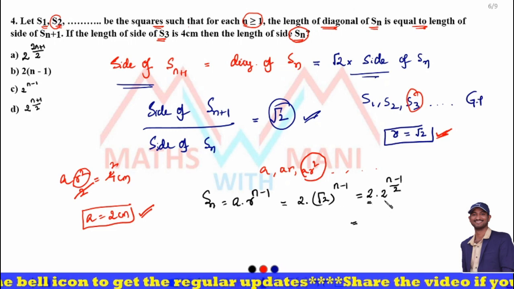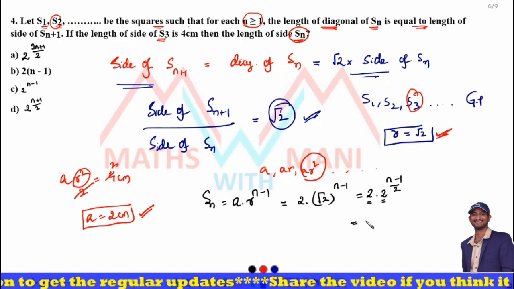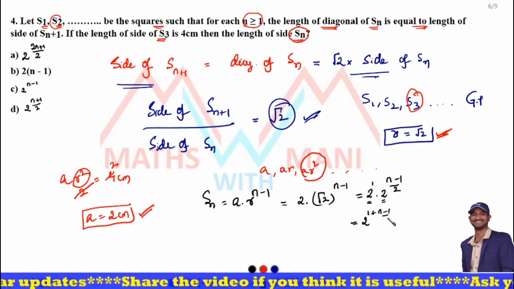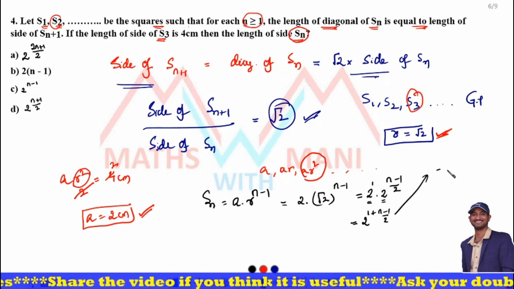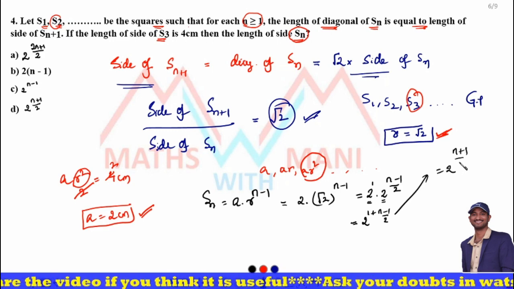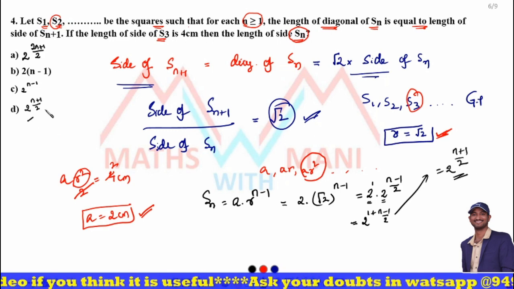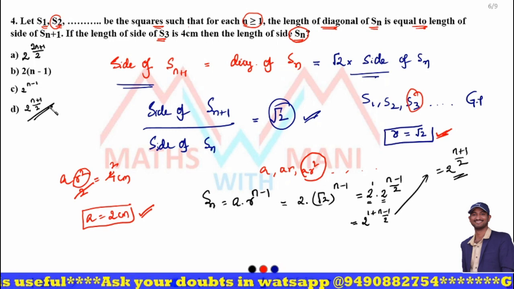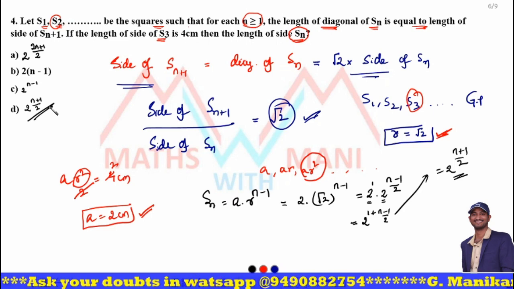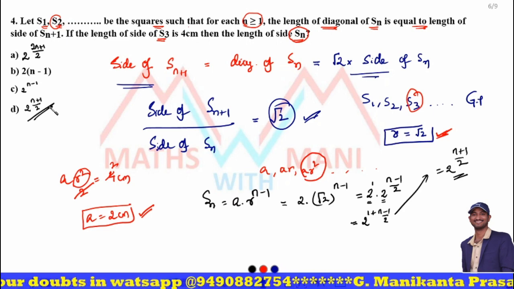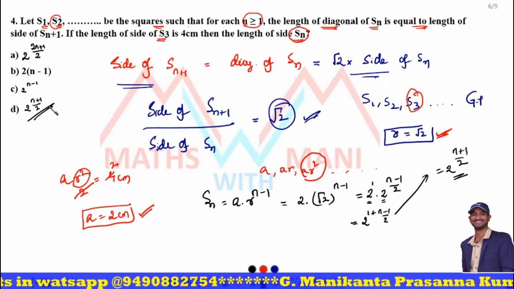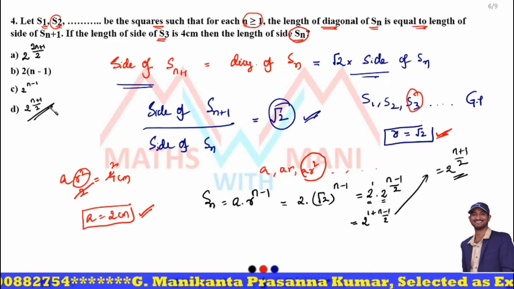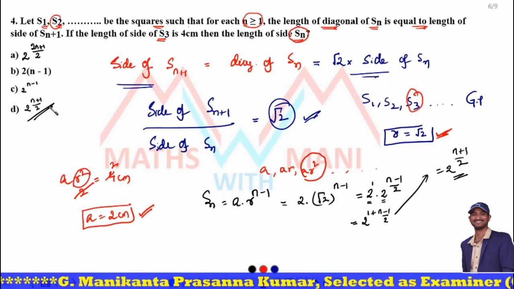Here both bases are 2, so the powers should be added: 2 power 1 plus n minus 1 by 2, which is equal to 2 power n plus 1 by 2. That is the fourth option in this case. I hope all of you understand this. This is the general method you have to follow, but using substitution you can solve it in less time. Clear? In progressions you may get this type of question in SSC CGL.